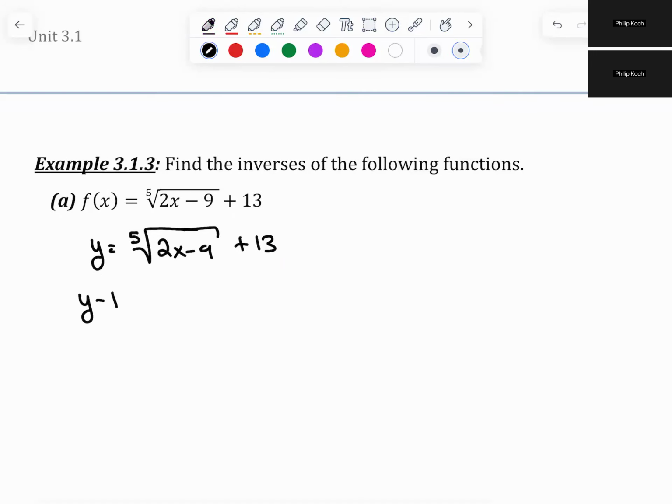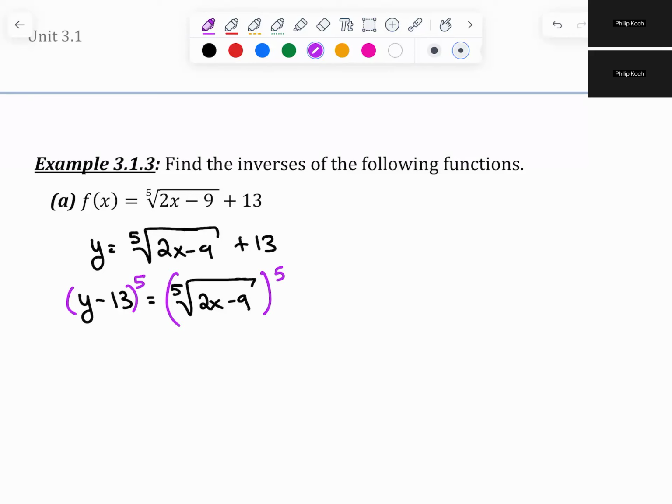So y minus 13 is equal to the 5th root of 2x minus 9. Now we'll undo the 5th root by raising both sides to the 5th power, doing the opposite operation. And don't FOIL out y minus 13.